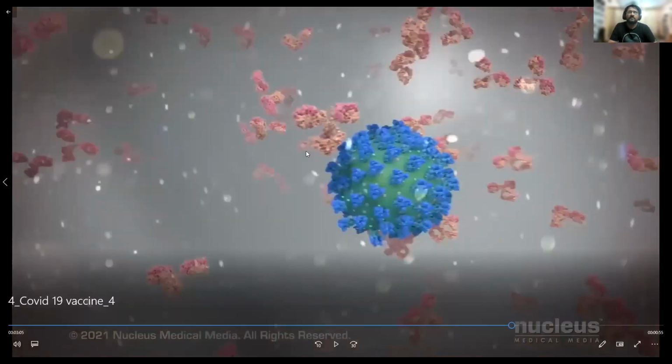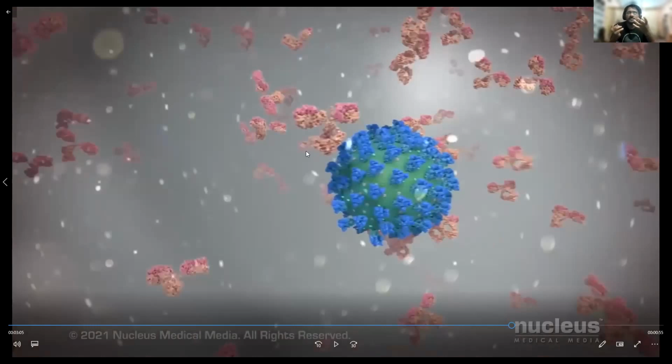Now our cells start producing this, and our immune cells recognize the viral spike protein piece as a foreign protein and start producing antibodies. This is the first time antibodies are produced against the spike proteins. Then it will be remembered; memory B cells produce these antibodies.